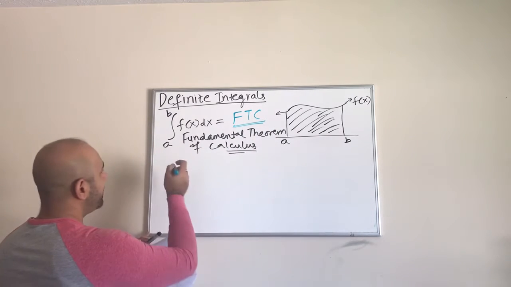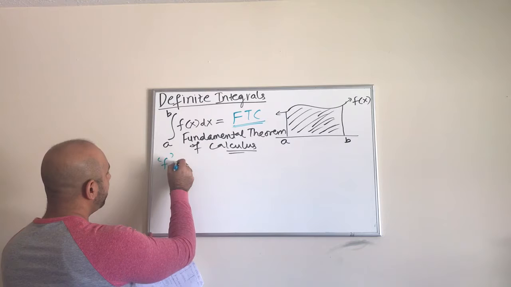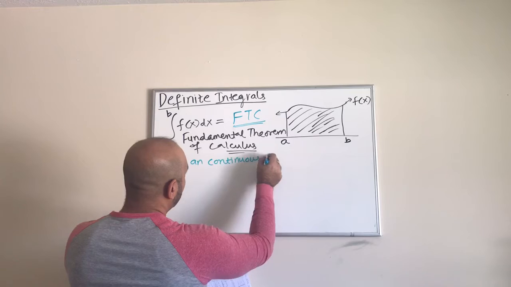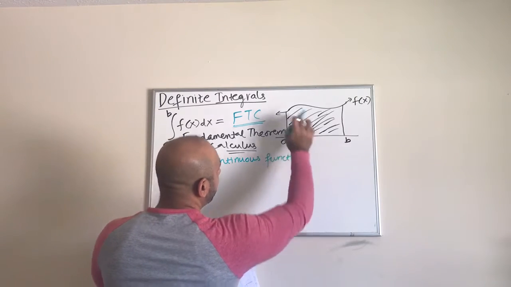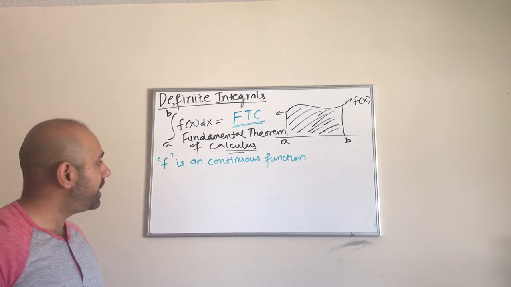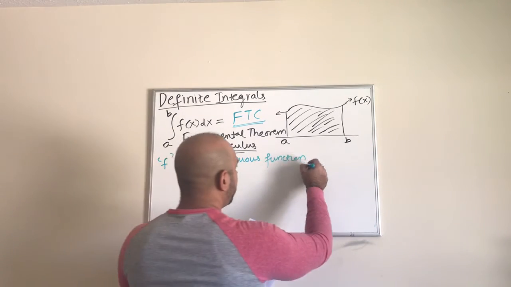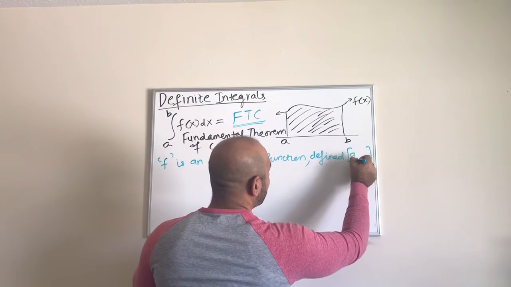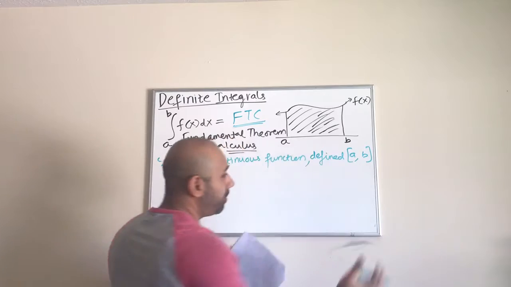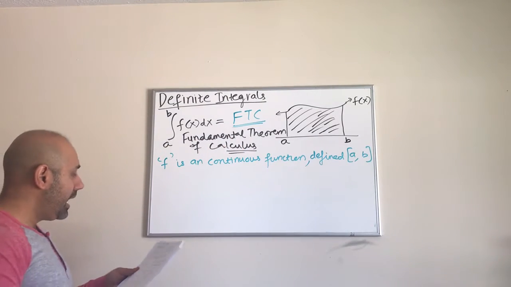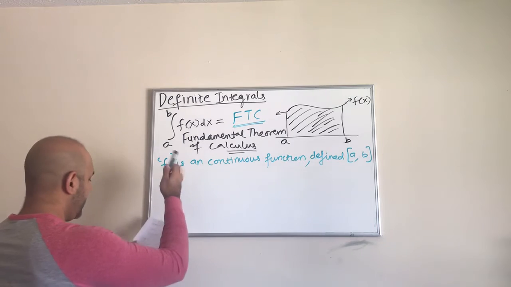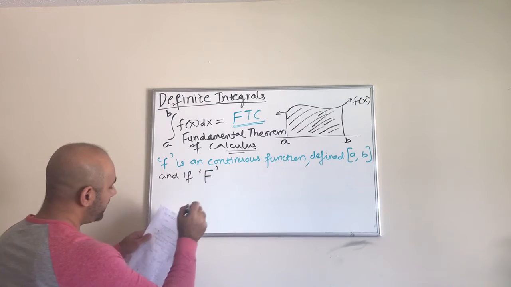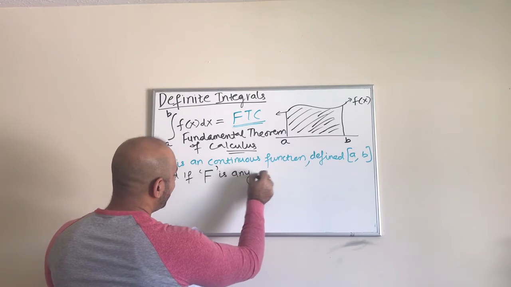So this theorem basically says that if f is a continuous function, something which looks like this, with no discontinuities, a nice function, and which is defined on the interval, in this case from a to b, and then if we have this uppercase F, which is any antiderivative.